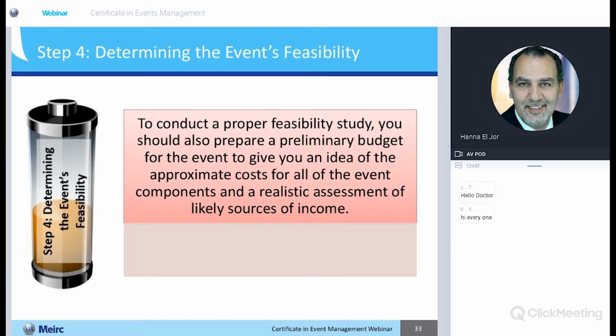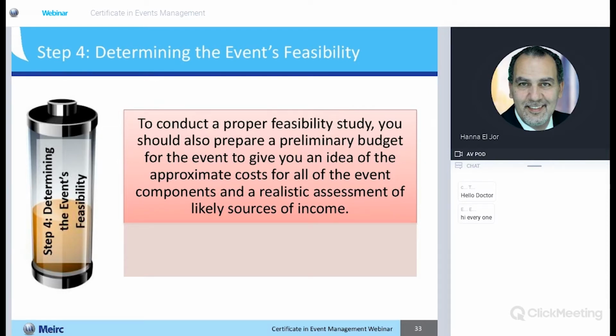Is it feasible to do this event? Can we afford it? Of course, the SWOT analysis will help you to decide how feasible the event is from many aspects: the financial aspect, the time calendar for you, okay?